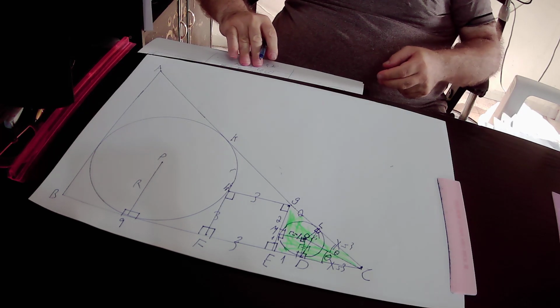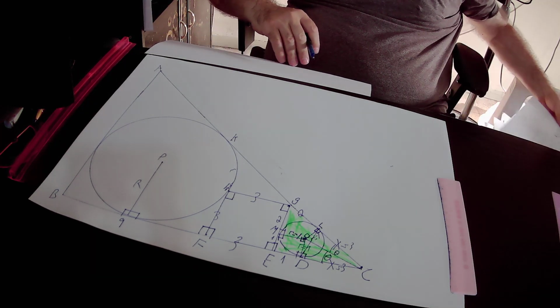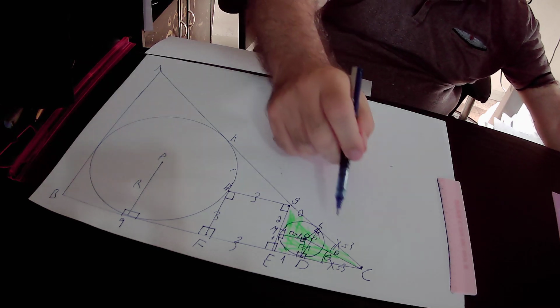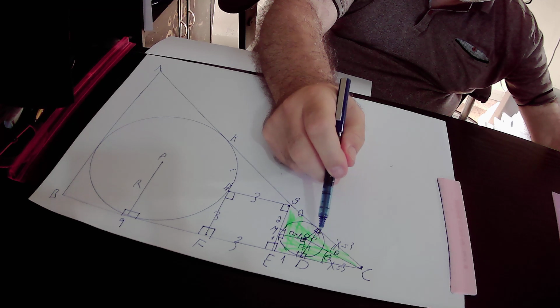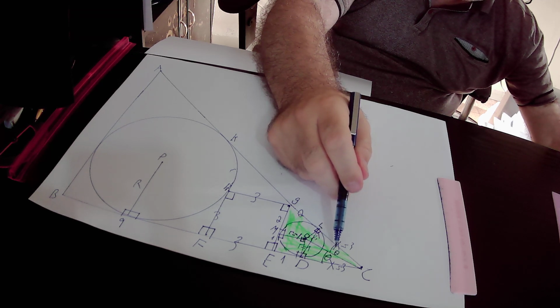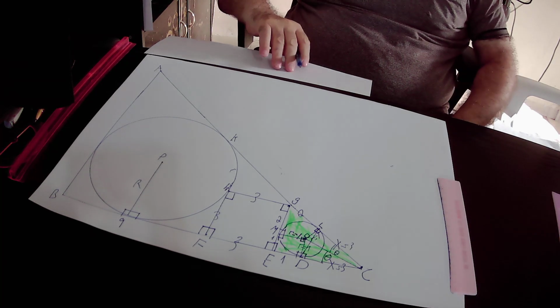Actually, I found out that CO or OC is the angle bisector of angle C, this angle. So I write it down.